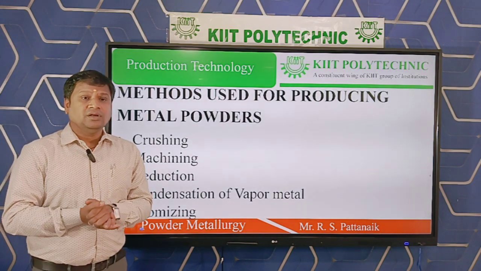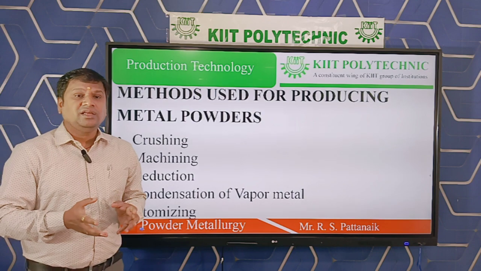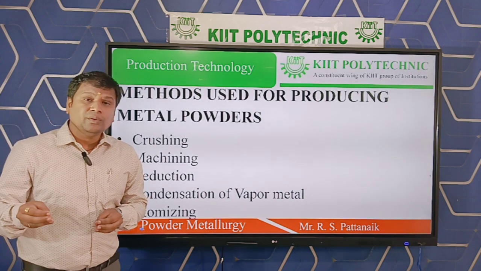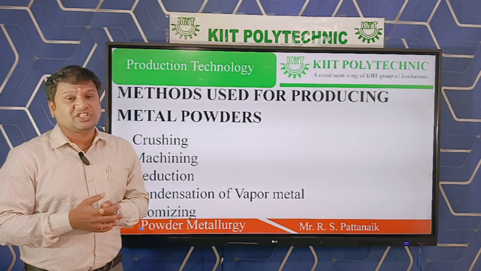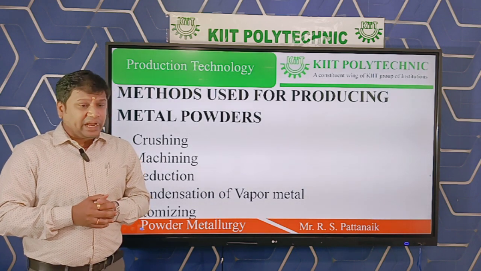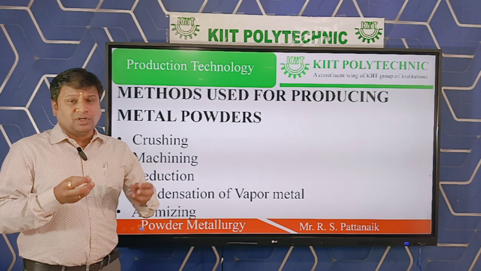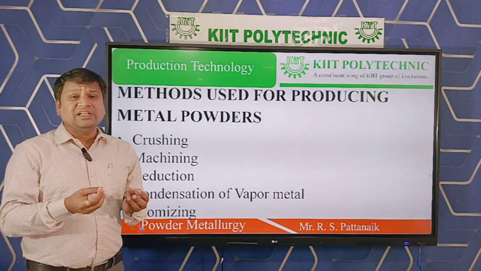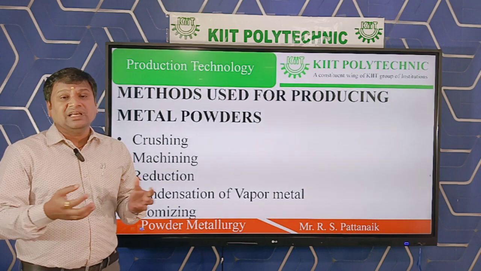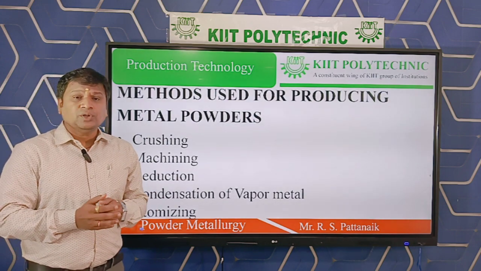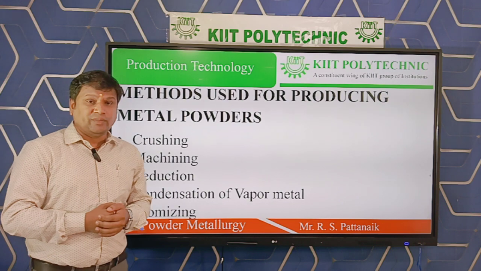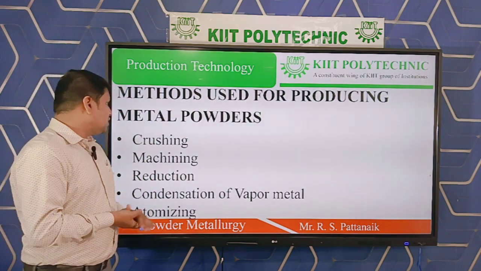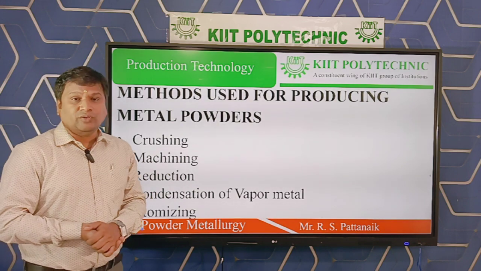In this method molten metal is allowed to force through a nozzle with the stream of compressed air or water, and after the cooling, the tiny metal particles are collected. Okay, so this process is known as atomizing. So these are the different methods for producing metal powders.